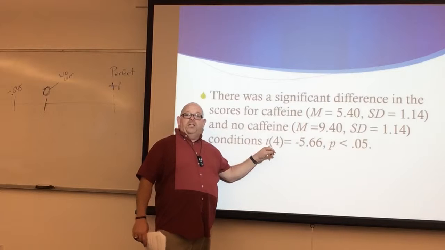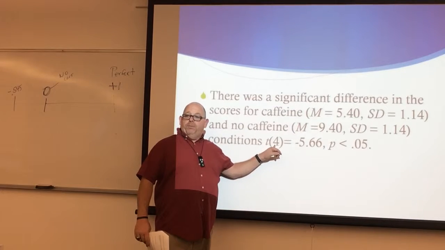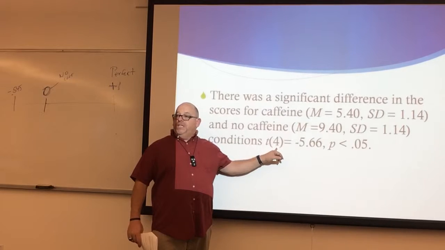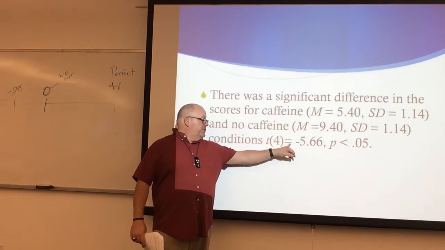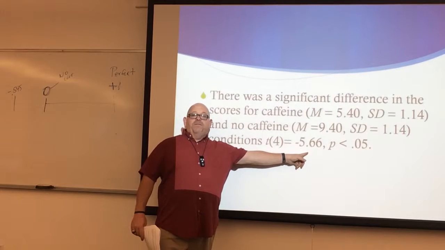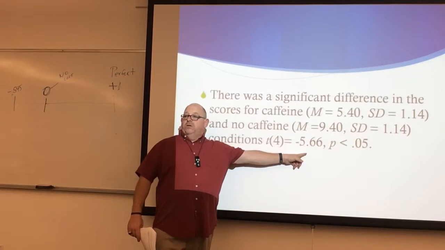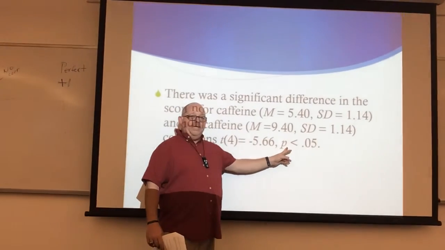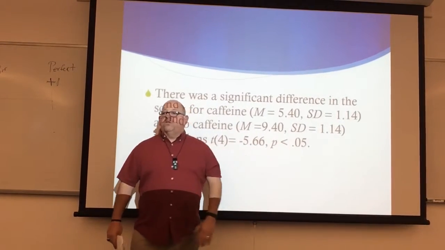It's italicized. It's butted up right to that open parentheses. This number in the middle is your df, which is 4. Close it, space, equals, space. This is the t value. Find the t box, write the value there. Comma, space, p italicized is less than 0.05.